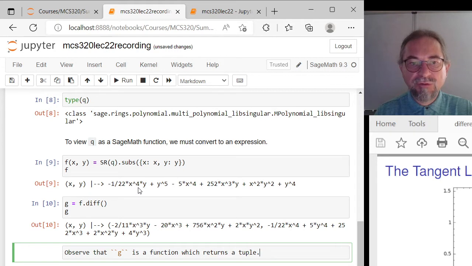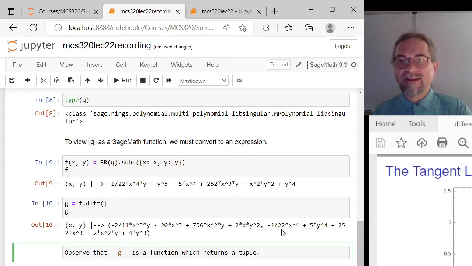So we have the first monomial is x to the power 4 times y. With respect to x, this becomes x to the power 3 times y. With respect to y, the y disappears from the monomial x to the power 4 times y.